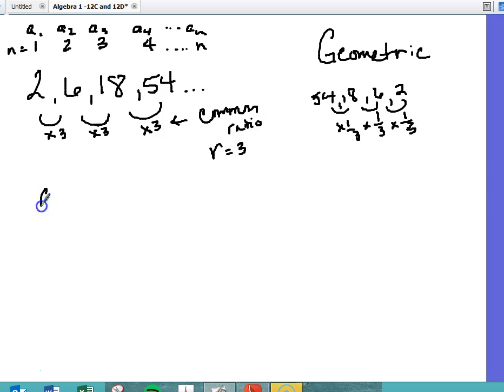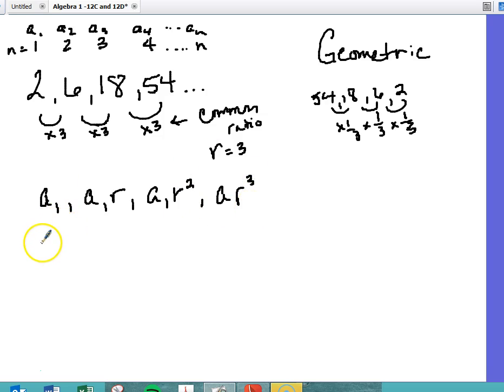So we would see the first term times 3. By that third term, I've multiplied it 2 times. By the fourth term, I've multiplied it 3 times.